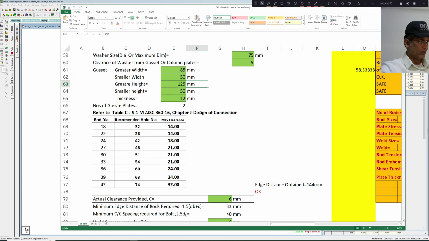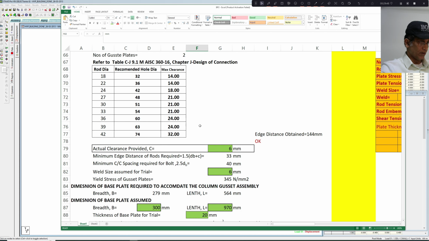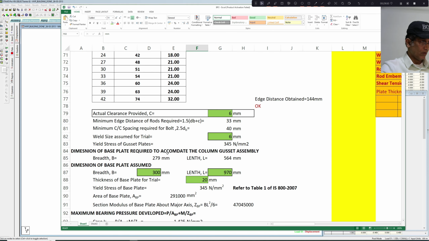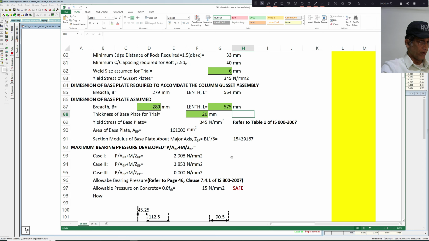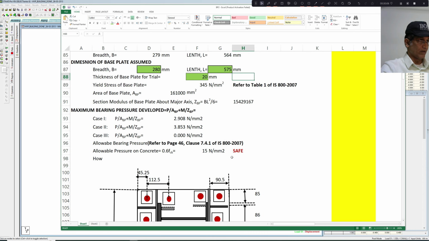So thickness will be 564 to 78. So let us make it 280. 564, let us make 575. Base plate thickness for trial 20. Let us keep it as it is, 20.